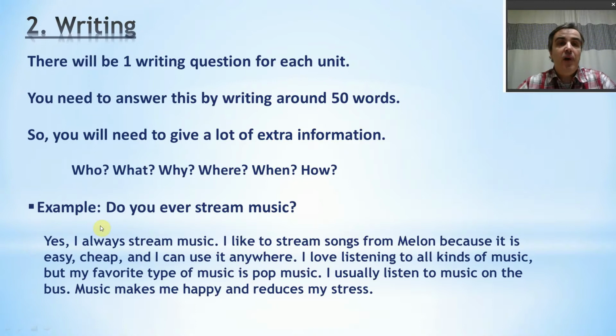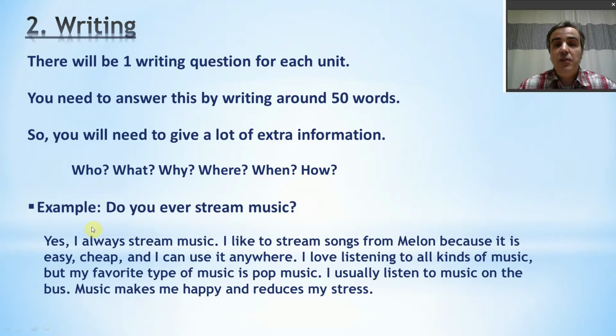With the writing part, there will be 1 writing question for each unit. You need to answer this by writing around 50 words, so you will need to give a lot of extra information. So this is what we've been doing almost every week. When you have 1 question, you're asked then to give 2 or 3 pieces of extra information.